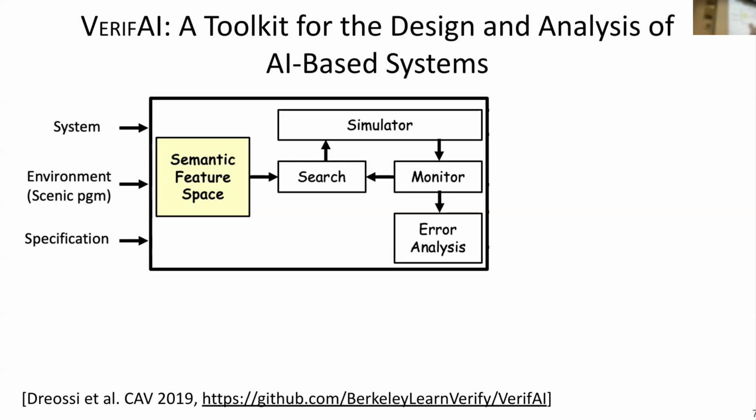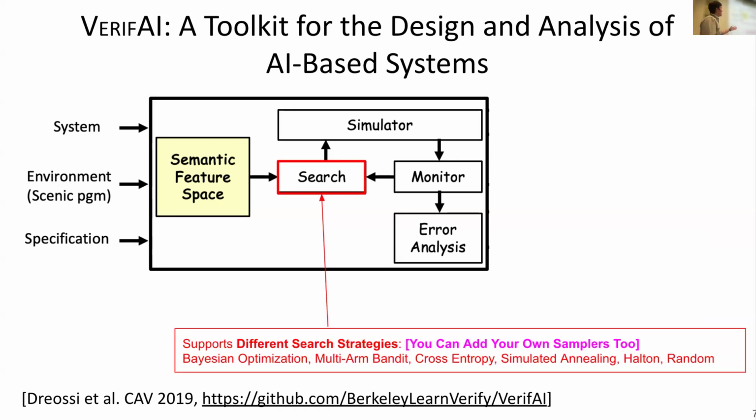As this history of the environments that were sampled and the performance results starts to get logged, you can start doing some more intelligent sampling, right, based on the history of what you sampled so far? That's the idea. In VerifAI, there are different search strategies or samplers that are supported, and you can add your own samplers too, if you have them.